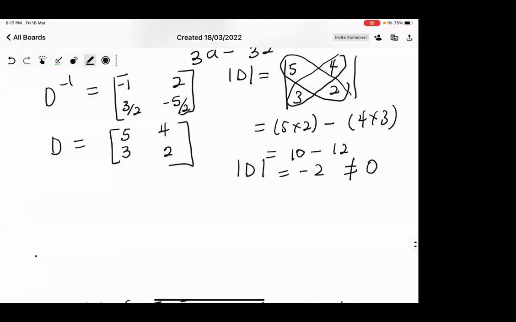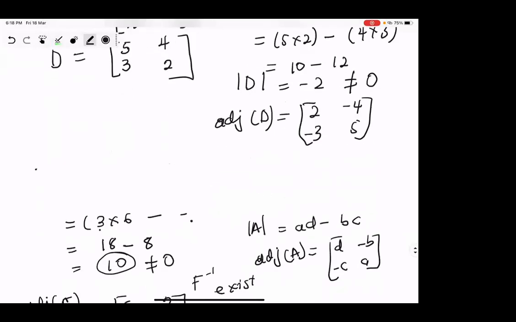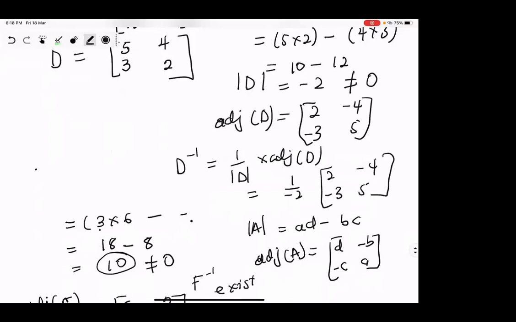This is a non-zero number, so it means that the inverse exists. Okay, so we find the adjoint of D, which is to swap the positions of members on the leading diagonal. So instead of 5, 2, we have 2, 5. Negate the others, -4, -3. So we have 1/-2 multiplying 2, -4, -3 and 5.